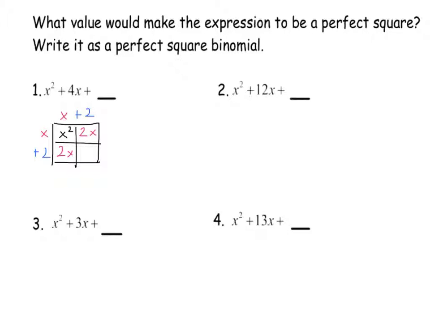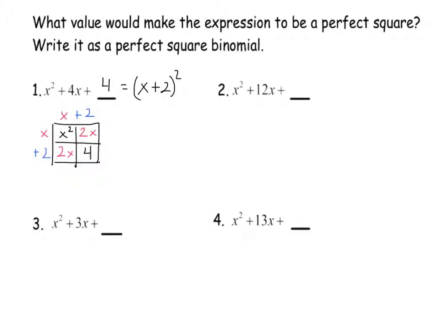And so in my last box, I am going to fill in 4. So the blank will be 4. And as a perfect square binomial, this is x plus 2 to the second power, which comes from x plus 2 times x plus 2.